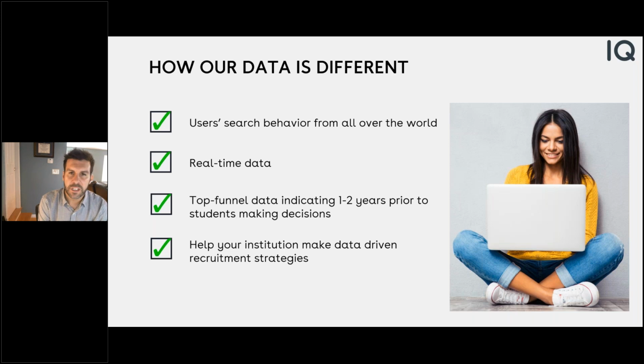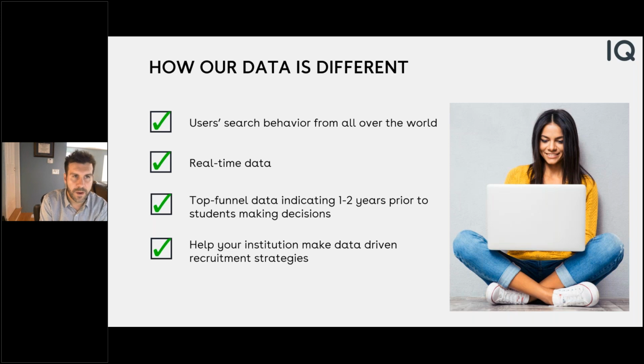Looking at this data, I know if you're anything like me, having had the most recent Open Doors data announced on Monday, you've probably spent a considerable amount of time digging into that and trying to understand what the data is telling us in order to inform your strategy. And I just want to share the key differences between the Open Doors data and what we're going to be looking at today.